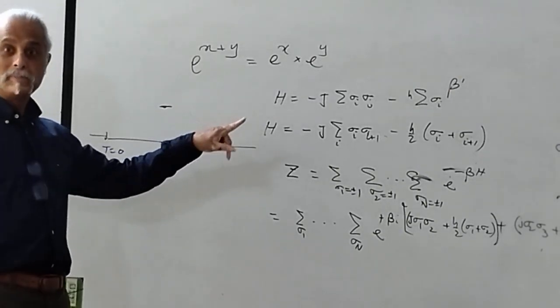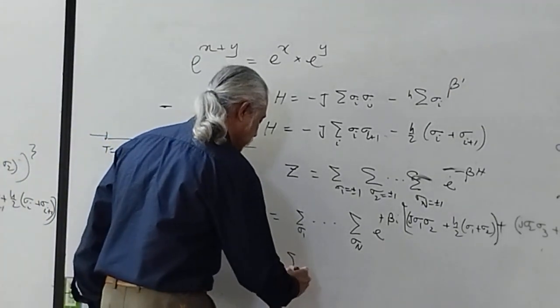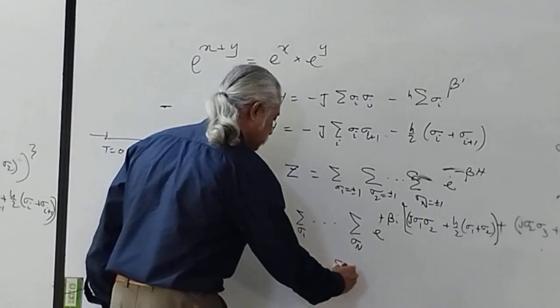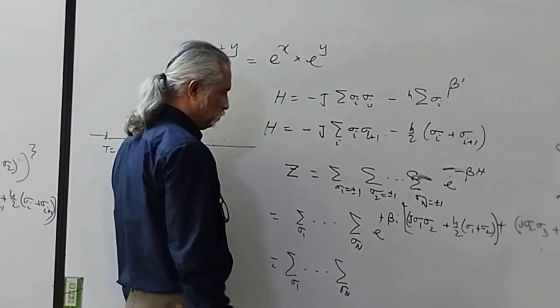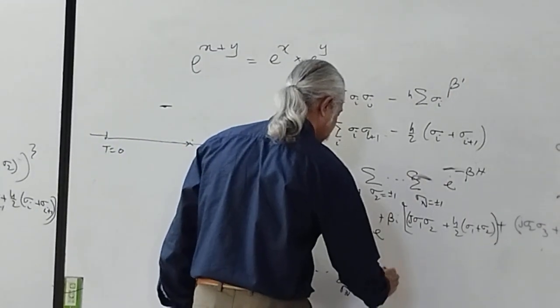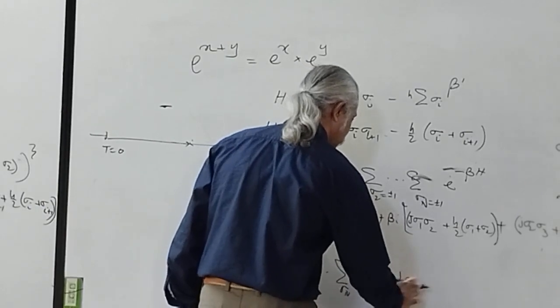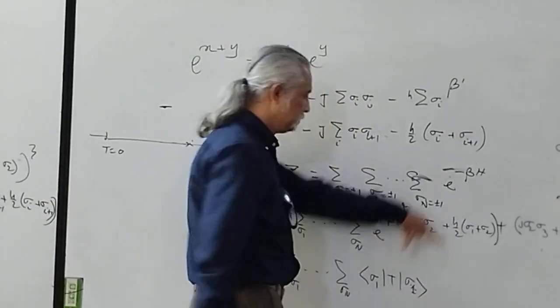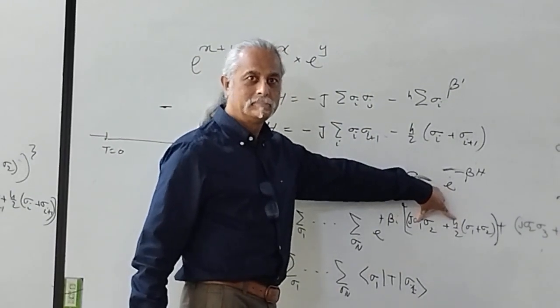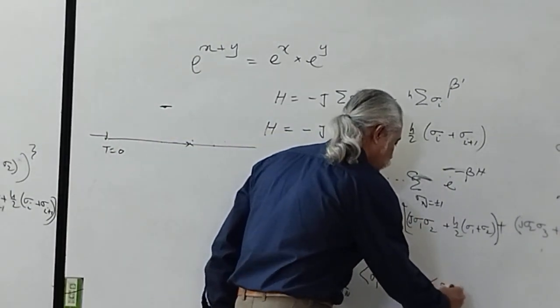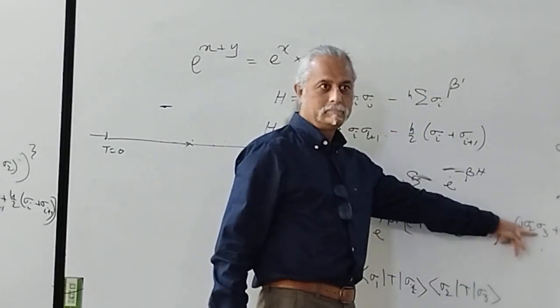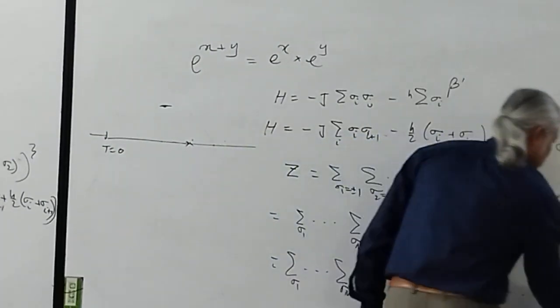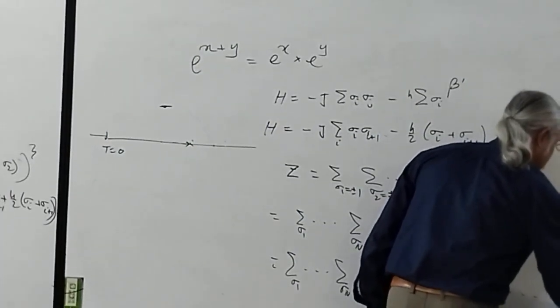If so, you can immediately write sigma 1 up to sigma n: sigma 1 T sigma 2 for this, sigma 2 T sigma 3 for that, and so on like this, sigma n T sigma 1.